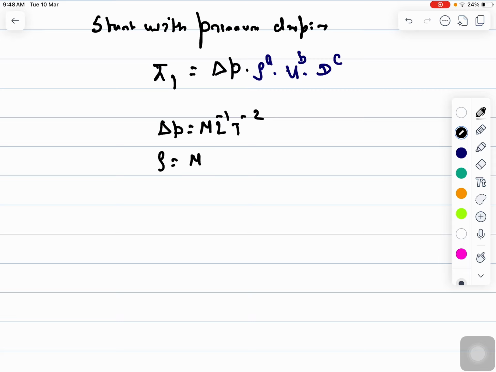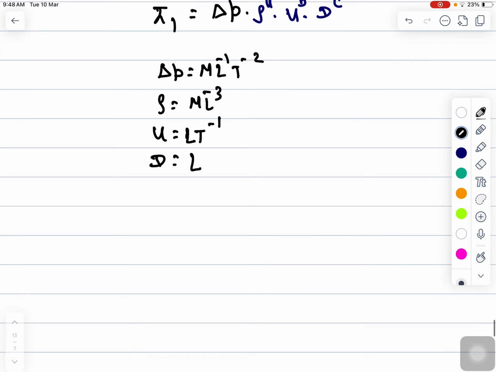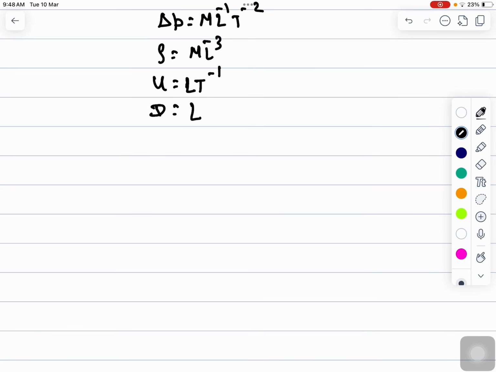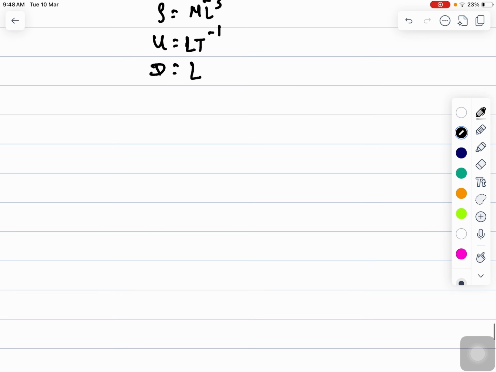Density is your M L minus 3. Velocity is your L T minus 1 and diameter is L. Now I'll be substituting this into the equation.